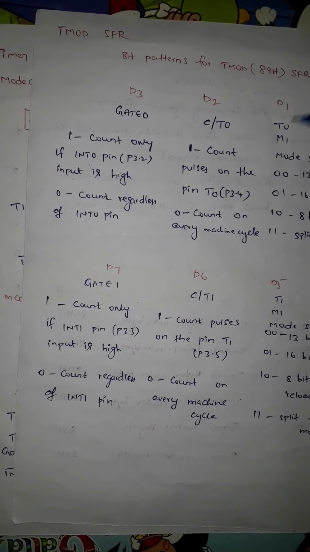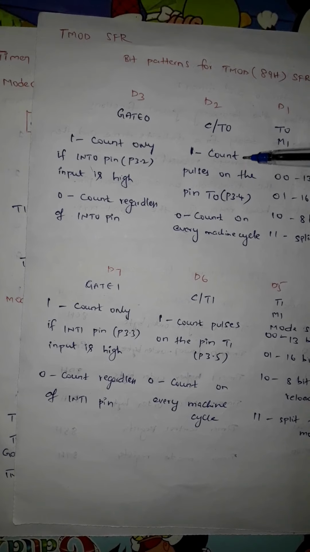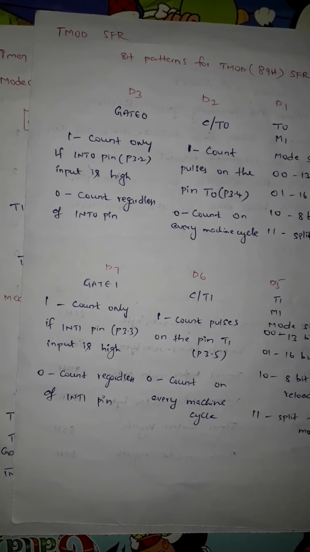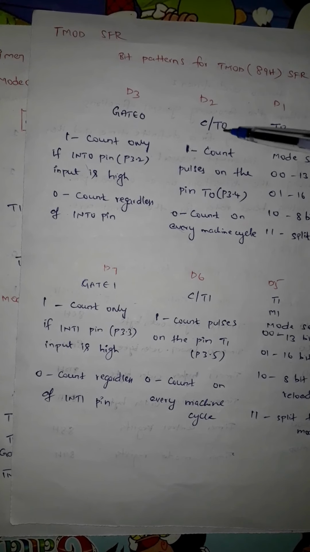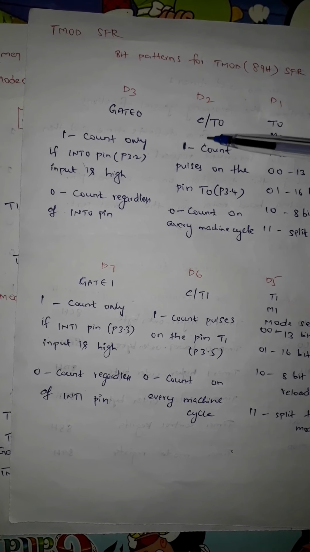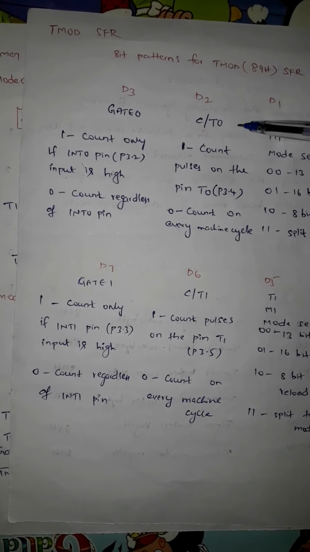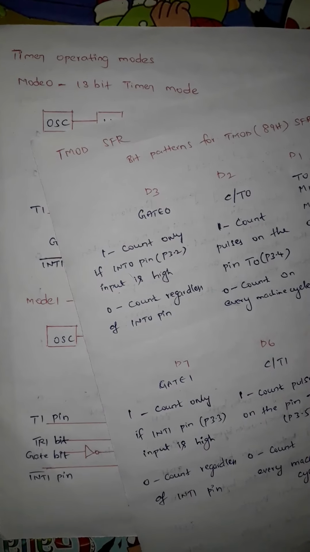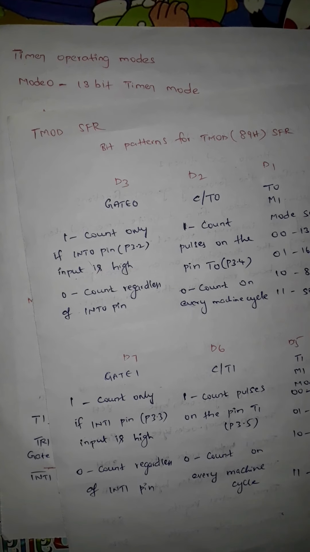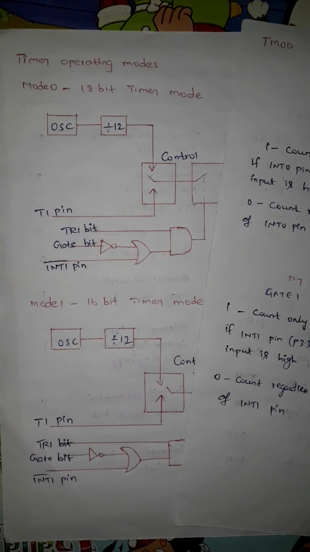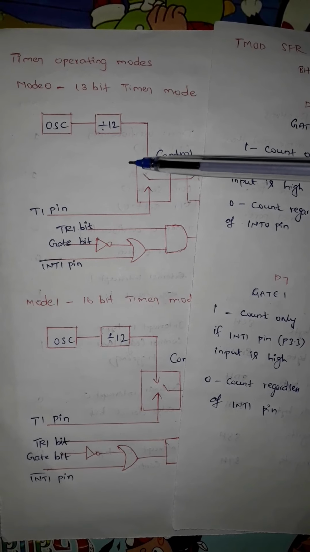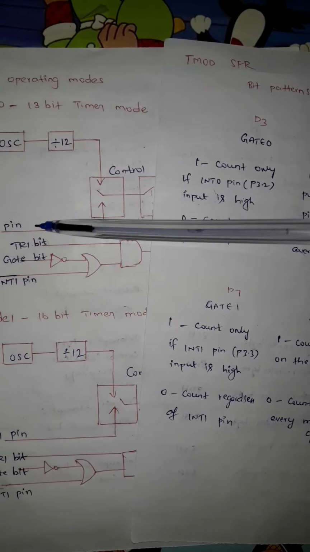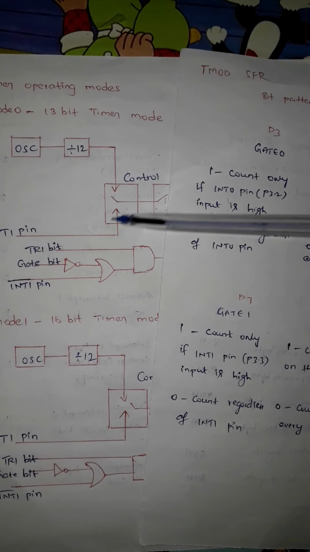That we have seen already. So T0 bit for 3.4, and T1 is 3.5. The D2 bit is set to 1 for a counter, and 0 for timer mode. So setting this bit D2 or D6 bit is the control here. Setting this D2 bit to 1, the counter is selected, that is T1 is selected here.